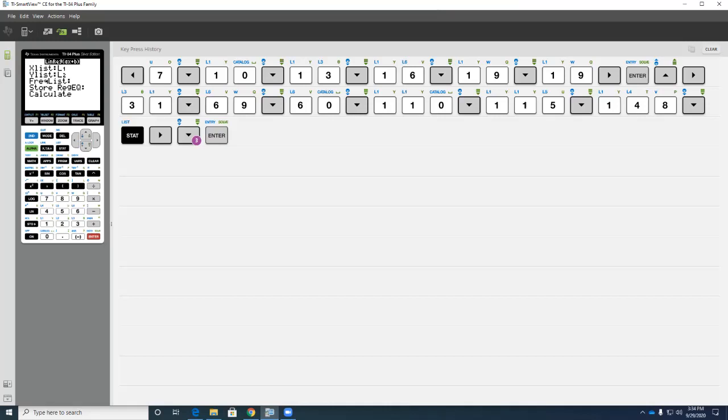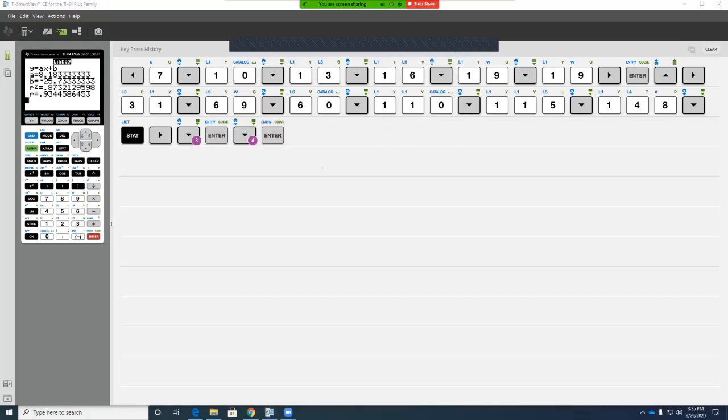Since it's reading from list 1 for X and list 2 for Y, I will leave it as it is. And I will just go down and select Calculate. And if you look at this, we can see that the R value is very strong. The R value is approximately equal to 0.934.